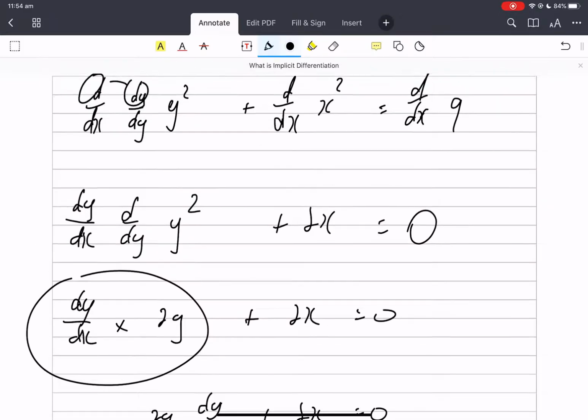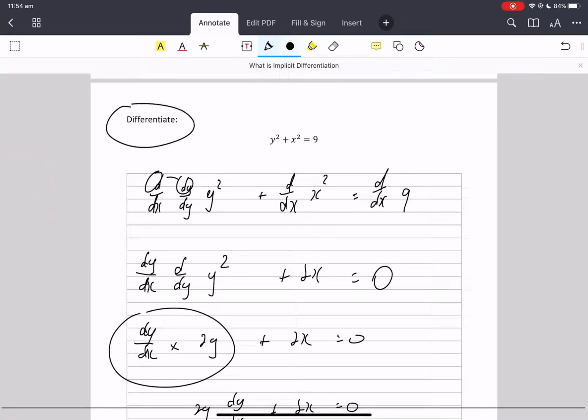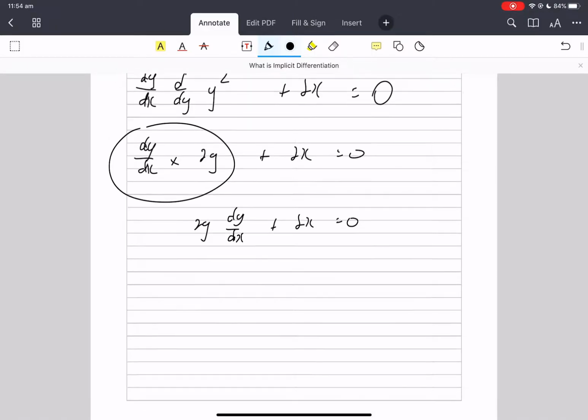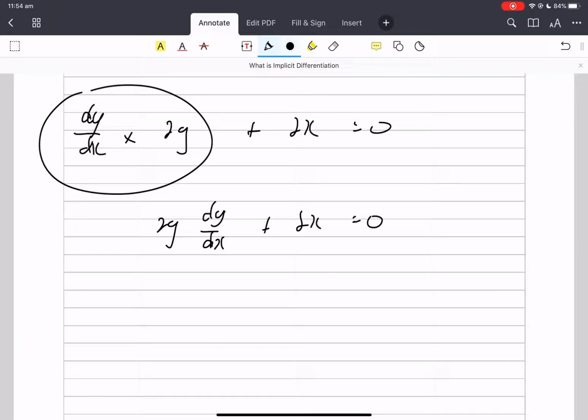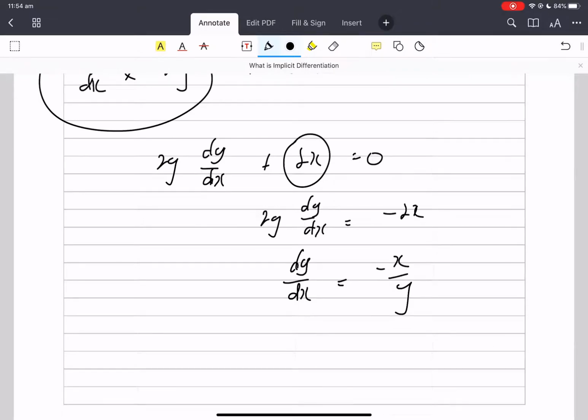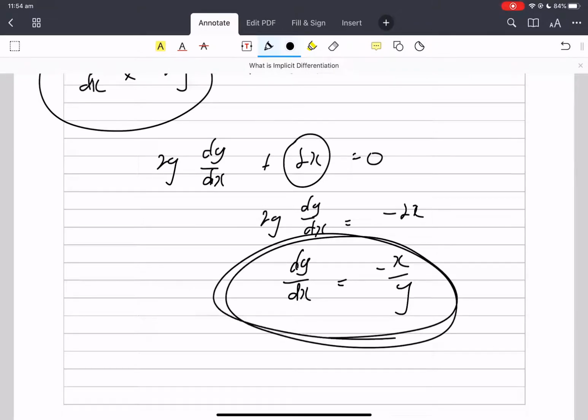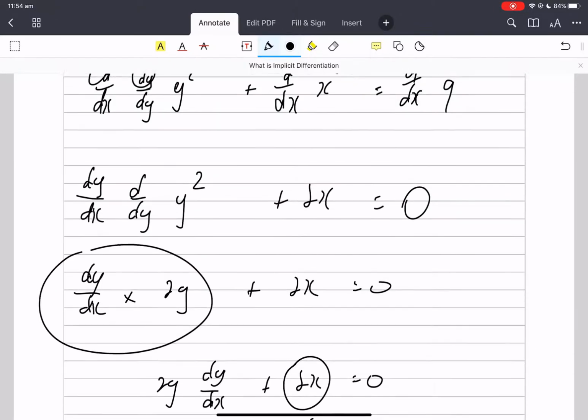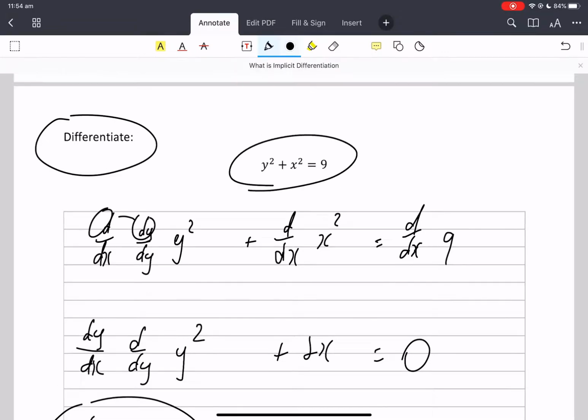And we really were challenged to get a gradient function. So we want dy/dx equals, let's get the 2x to the other side. Let's divide by the 2y. Those 2's will cancel when we get over there. So there you go. That's a gradient function of that original function.